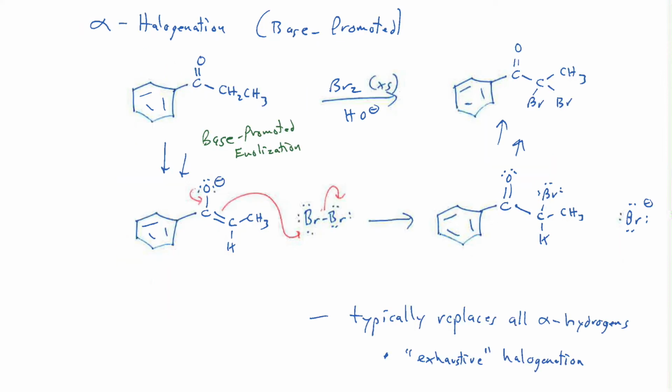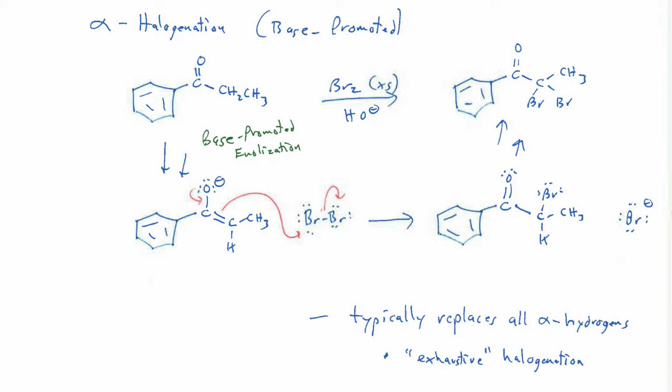Now, under basic conditions, there's an implied excess of the halogen, and what happens is something called exhaustive halogenation, where all of the alpha protons are removed and replaced with halogens. So you can control the outcome of the reaction based on how the conditions are, basic or acidic.